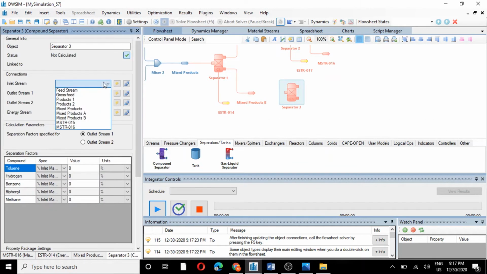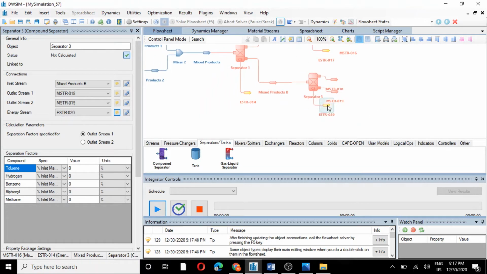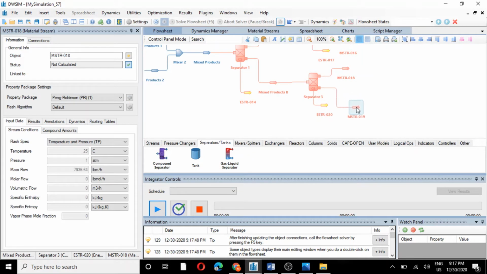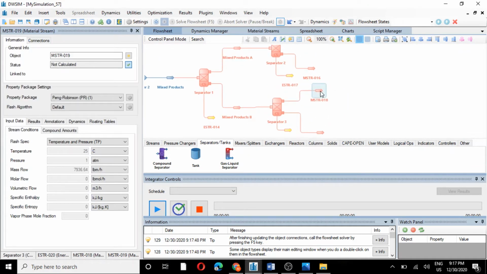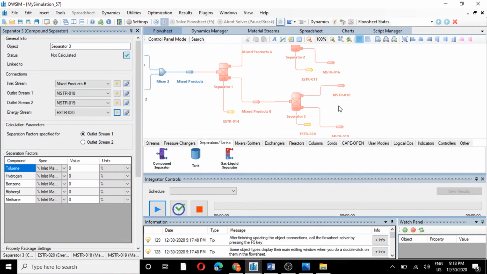Okay, this is where the mixed products B goes, and we have 2 outlet streams again and an energy stream. Don't forget the energy stream, or else your unit operation will not work.